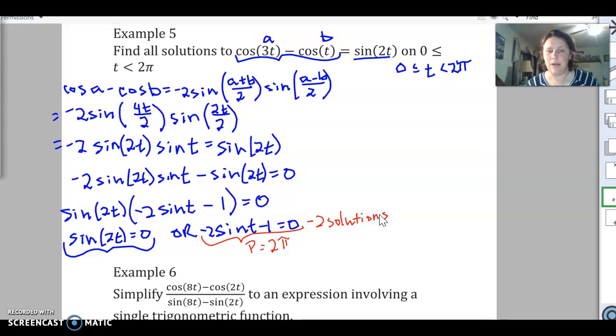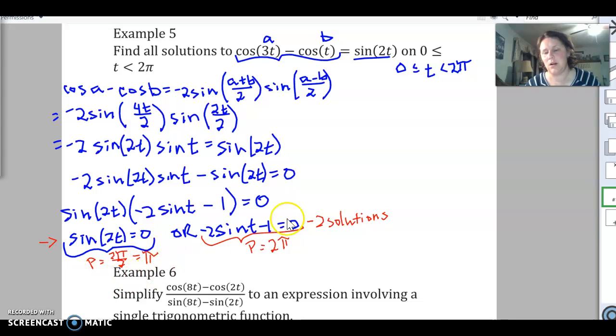Problem comes when we get over here. Over here we have the sine of 2t. What is the period going to be? Well, b equals 2, so the period is 2 pi over 2. If you were to graph the sine of 2t, the period would be pi.